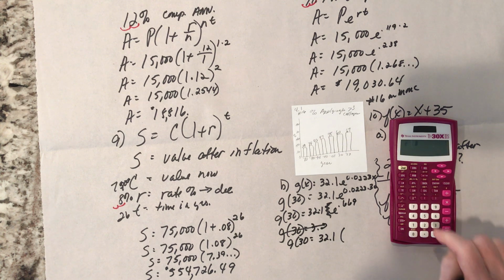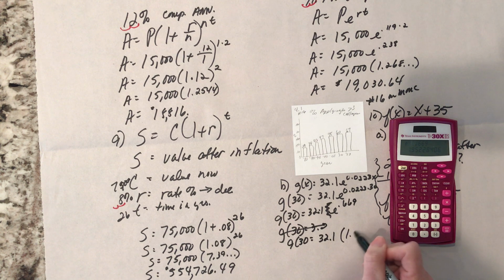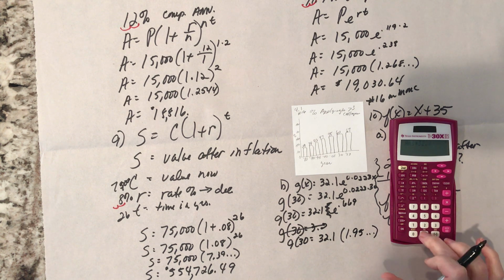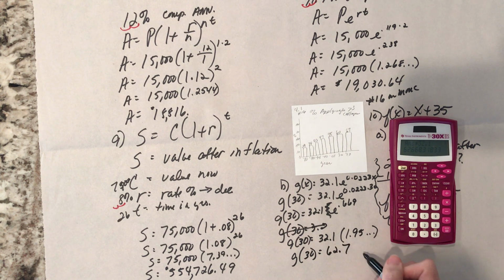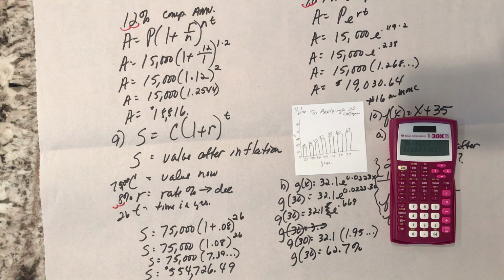So grab e and raise it to the 0.669, and it gives you 1.95 blah blah blah times 32.1. So for B, for g of 30, we get 62.7% of students applying to more than 3 colleges in the year 2010.